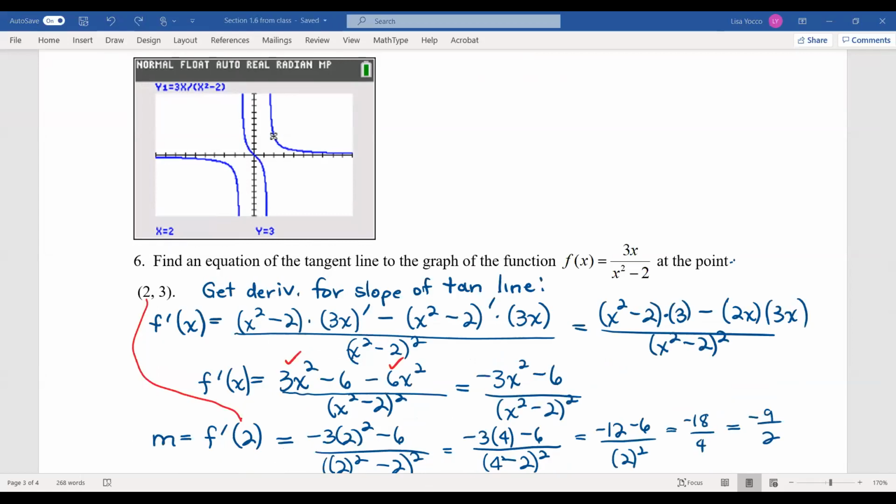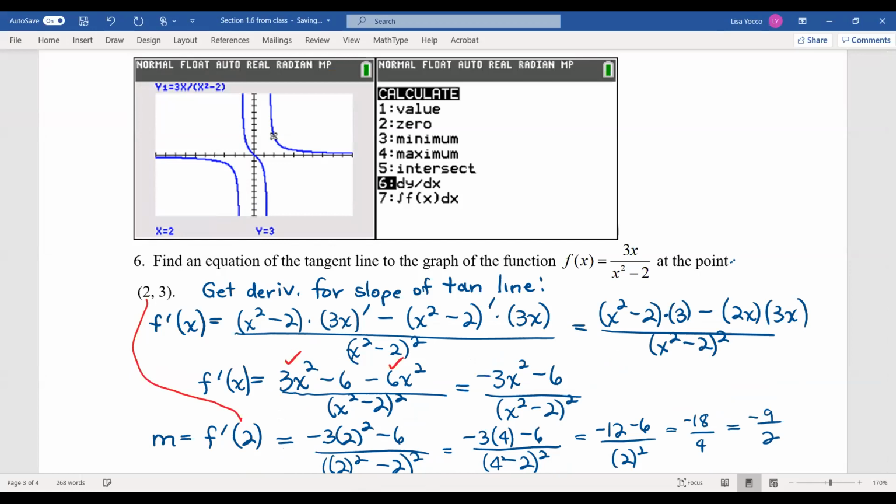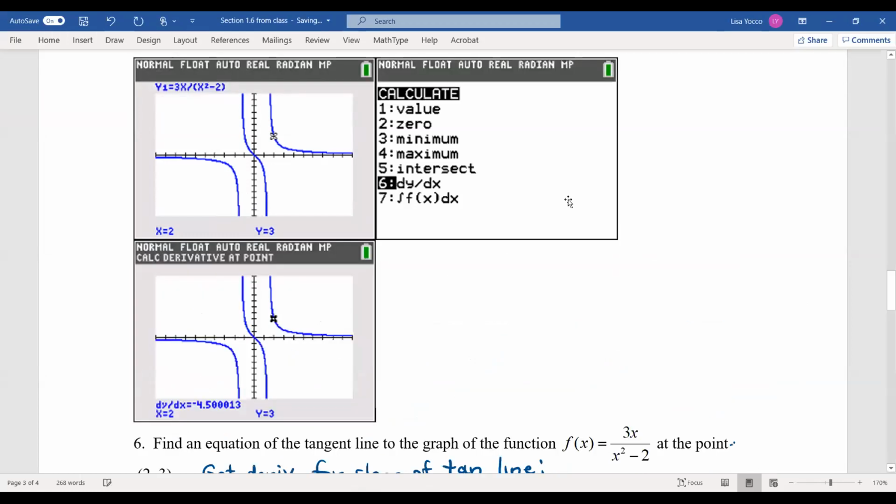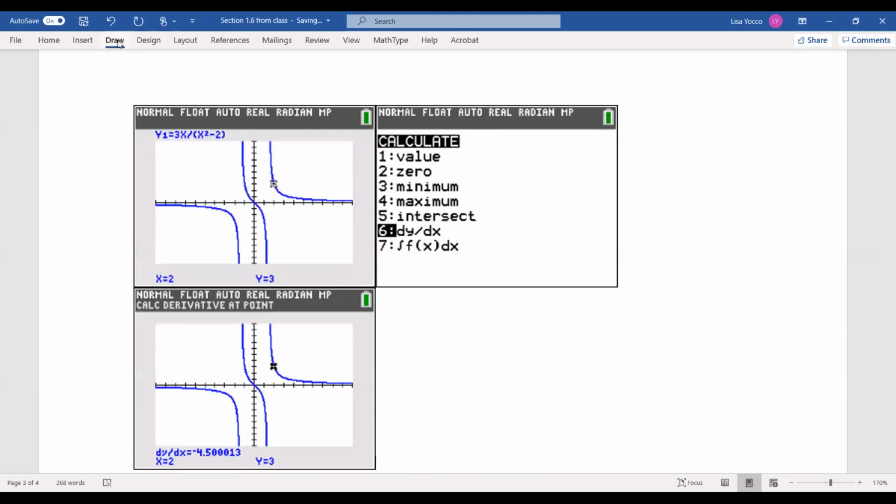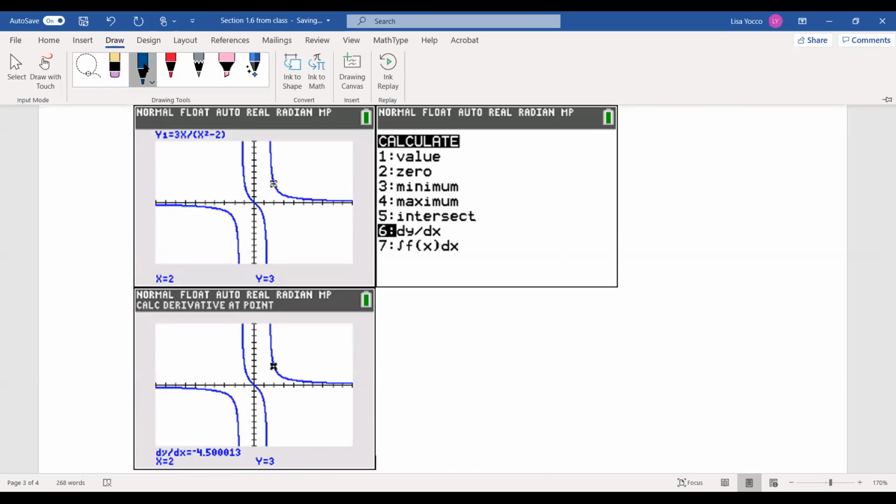I need to go back and copy the screens I want. There's one of them. All right. So, assuming I got everything in there that I wanted.